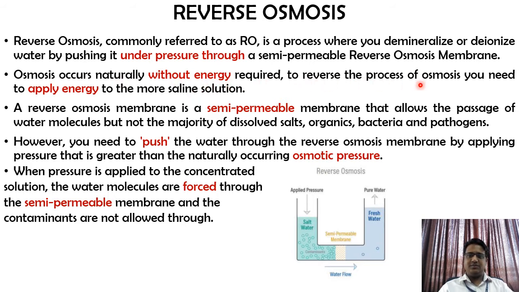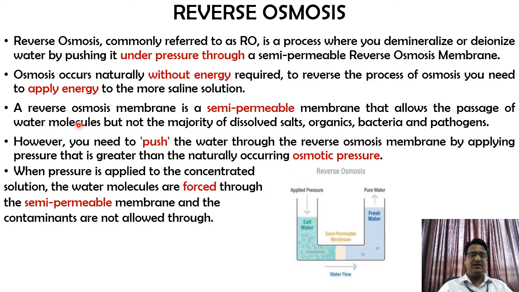To reverse the process of osmosis, you need to apply energy to move water to the more saline solution. That is, in the osmosis process there is no need to apply any additional pressure. If you want to reverse the naturally occurring process, you need to apply pressure on one side so that this natural process will be reversed.